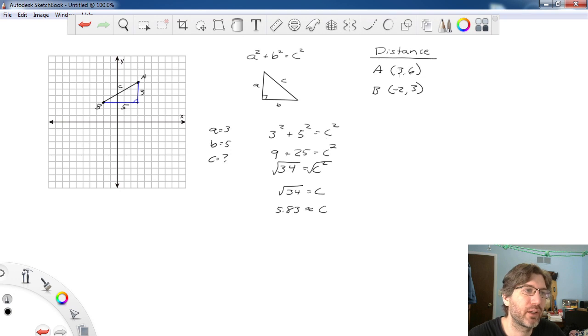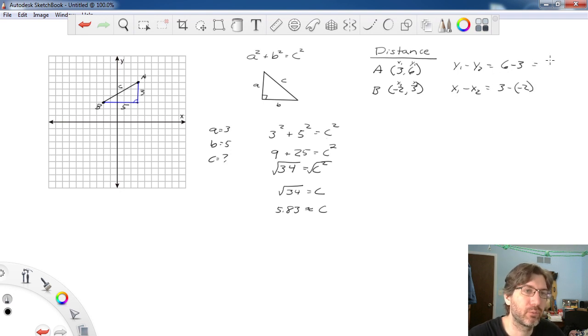And those are going to be my a's and b's. So here we're going to look at it as, we'll call this x1 and this y1, we'll call this x2 and this y2, and we'll find our difference in the y's. So y1 minus y2 is 6 minus 3, and then you have x1 minus x2, which is 3 minus, and that is a negative 2, so watch your sign there.